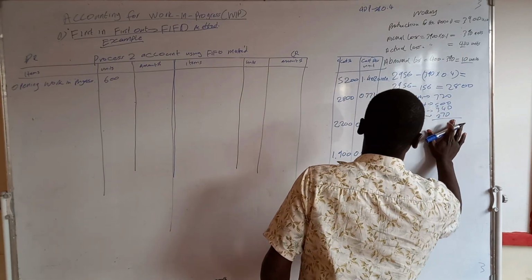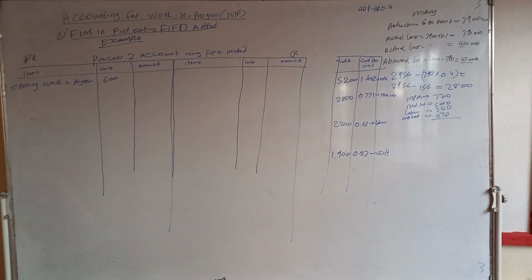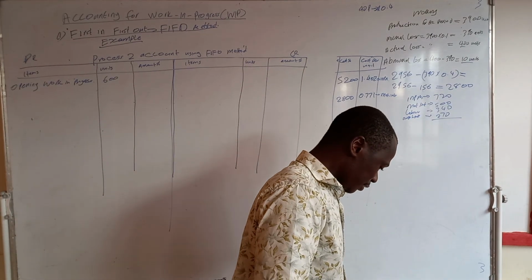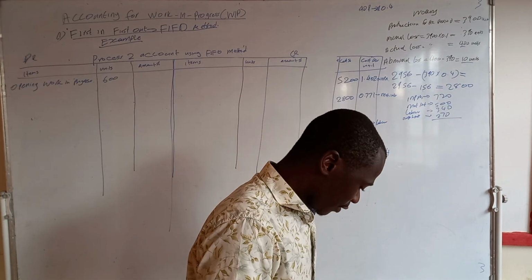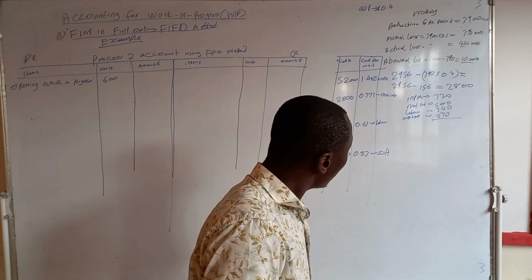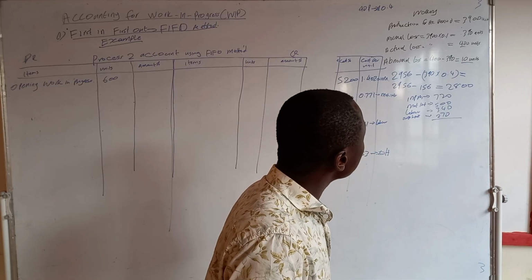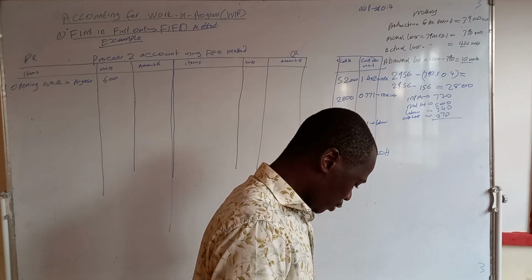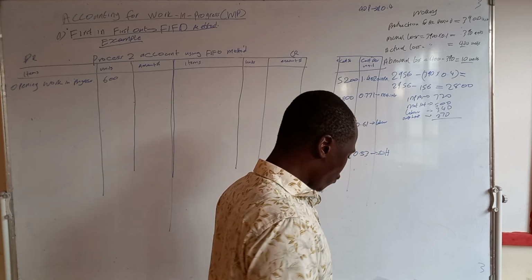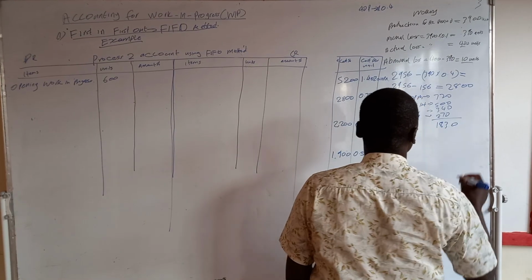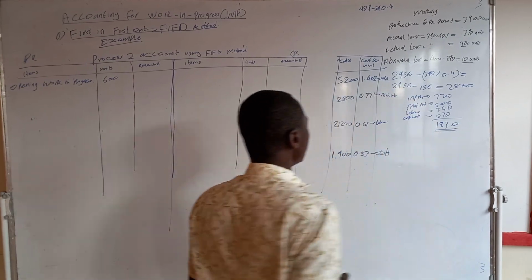Now we can just do it on the calculator to make the work easier. 720 plus 500 plus 340 plus 70. We have 1,830.